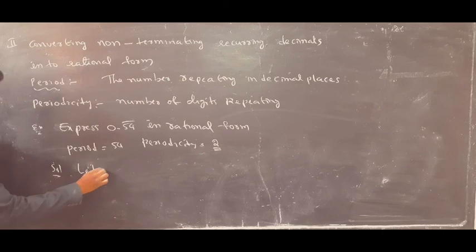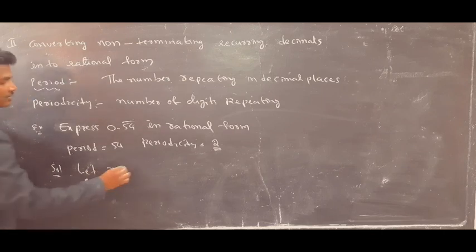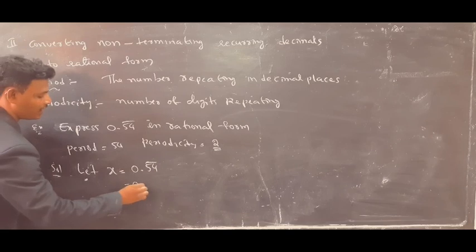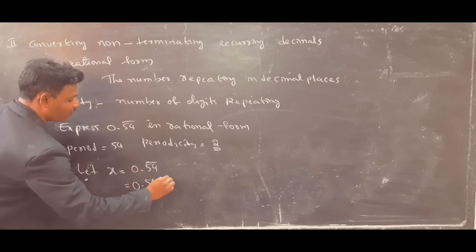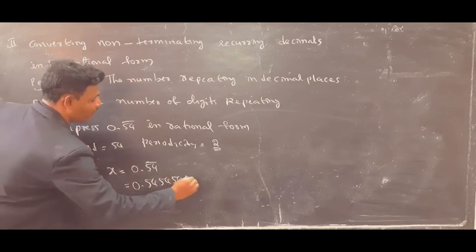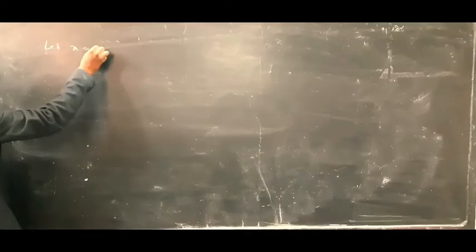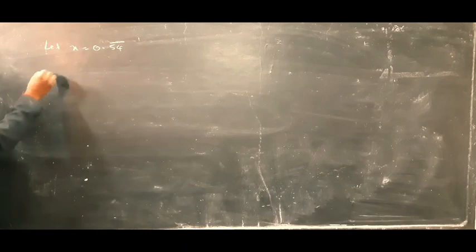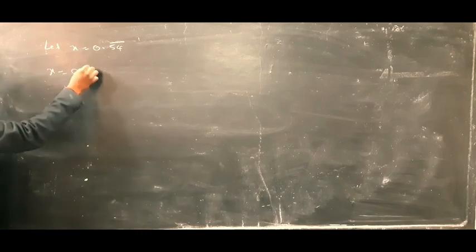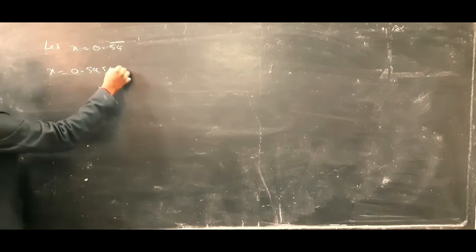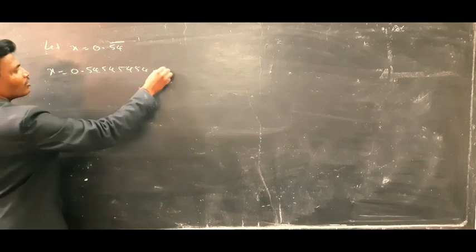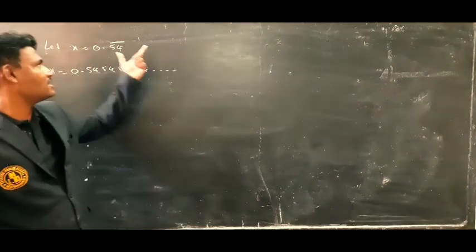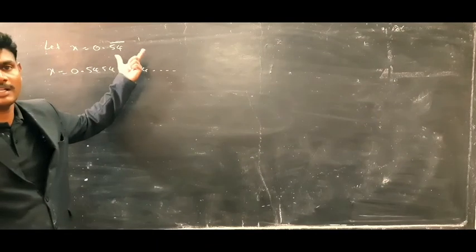Let x be equal to 0.54 bar. We can write it as 0.545454 and so on. Here what is the periodicity? The periodicity of this non-terminating but recurring decimal is 2.